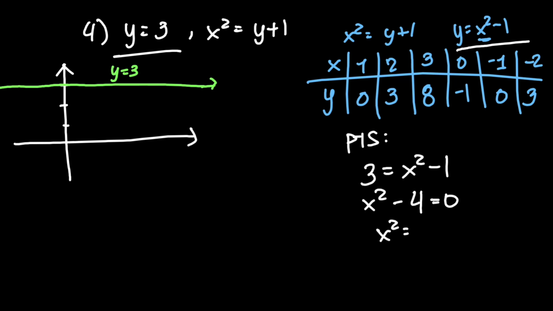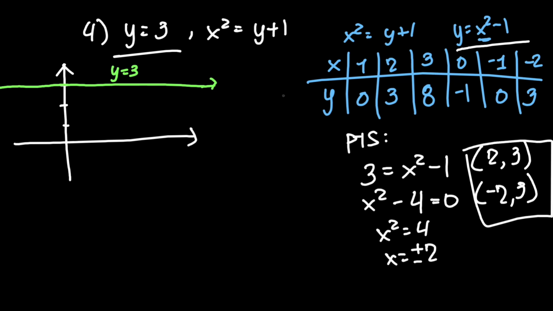So x squared would be equal to 4. And so x right here would be equal to positive or minus 2. If x right here would be positive 2, y value would be 3. And if x right here would be negative 2, y is still positive 3. And so these are the points of intersection.